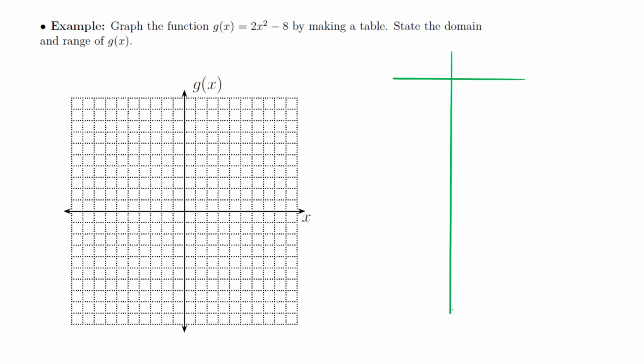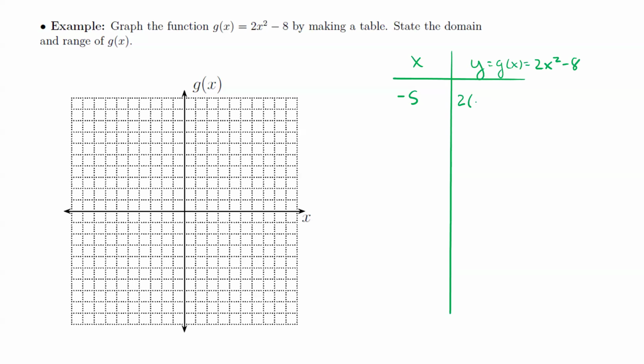So here's the table. Now, sometimes here's what's going to happen to you. Let's say I'm just going to pick a number at random. I'm going to say, what if I decided to start at negative 5 just to see what I got? And of course, my y is equal to g of x, which is equal to 2x squared minus 8.